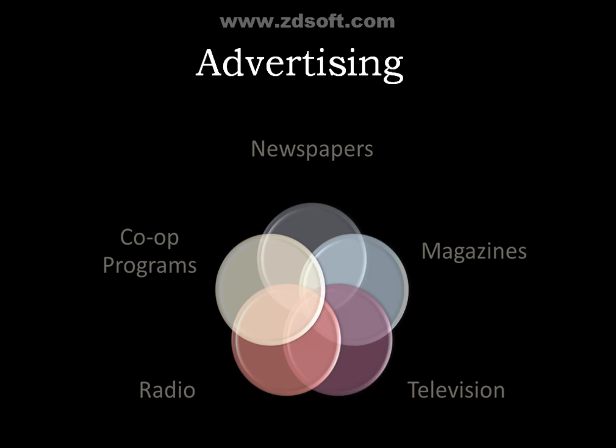In the examination you just need to explain in general, but specifically in context with retailing: how retailers use advertising, what advertisements you have seen of Big Bazaar, maybe Amazon, Flipkart, all the retailers.